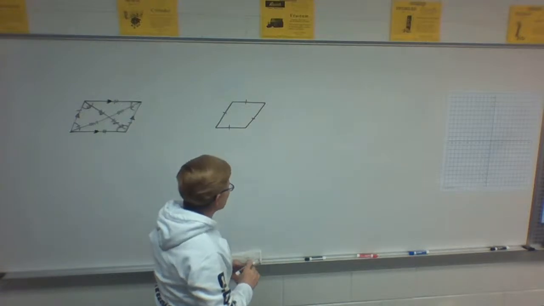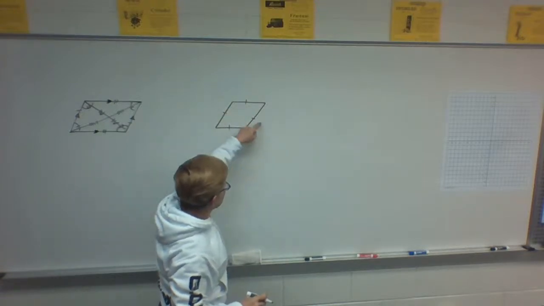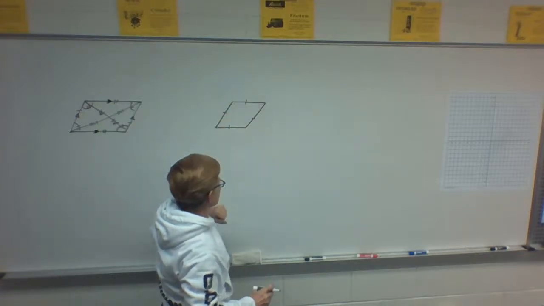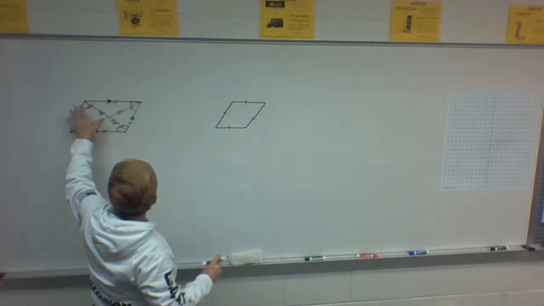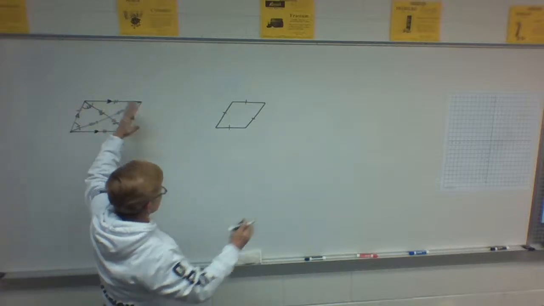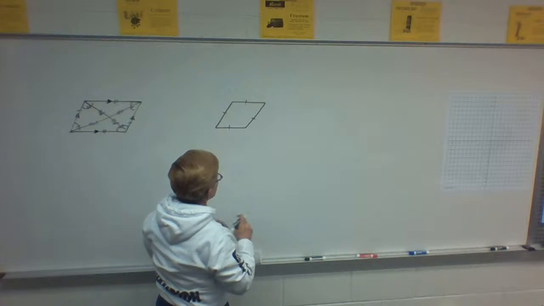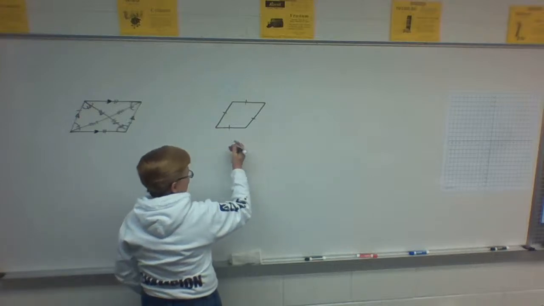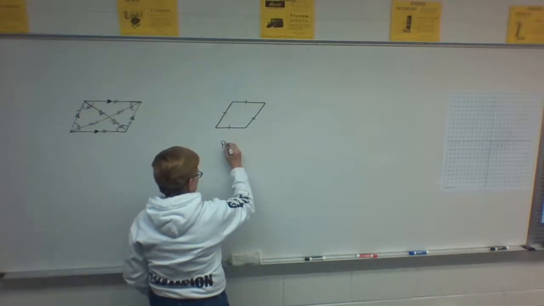It's still a parallelogram because opposite sides are still equal. They just all happen to be equal to each other. By doing that to this parallelogram in general, by squeezing it down and making sure all the sides are the same length, you've now created a special parallelogram called a rhombus.